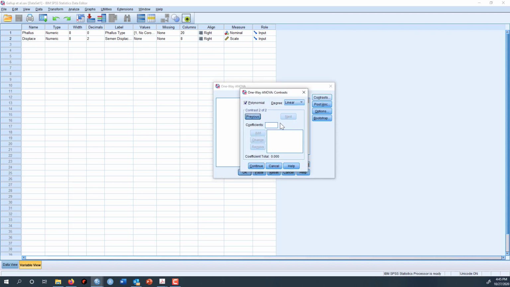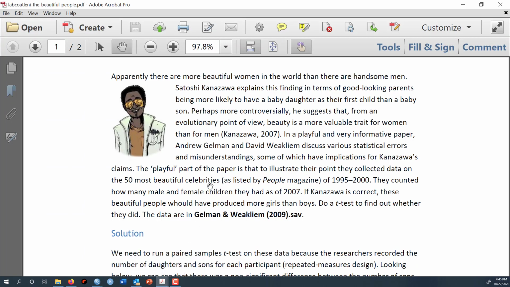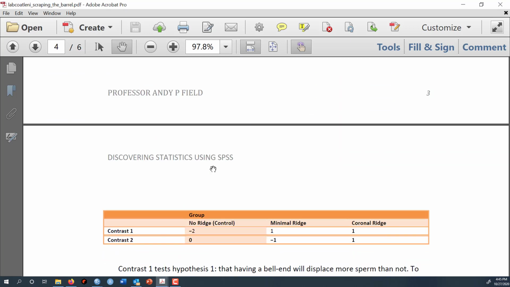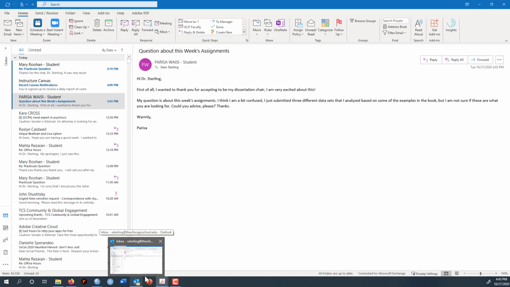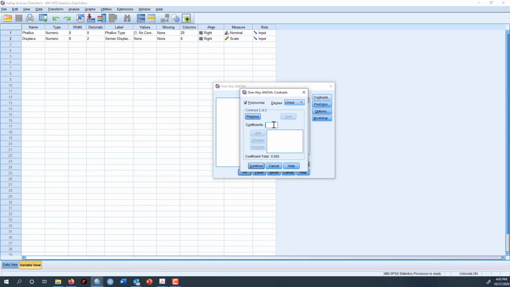Then for the next contrast, he sets it up as 0, -1, and 1.